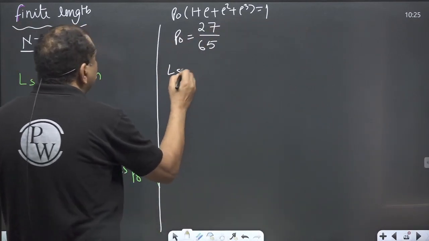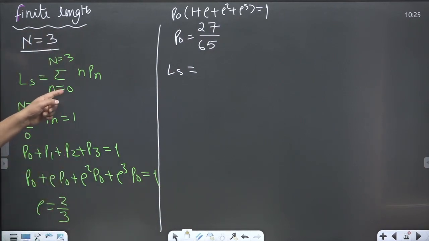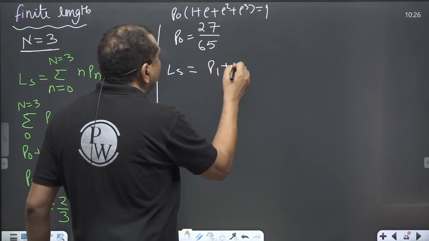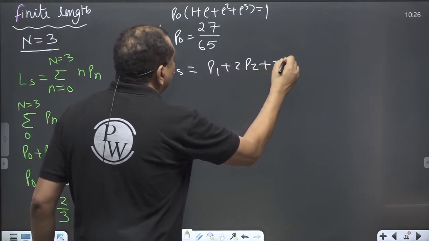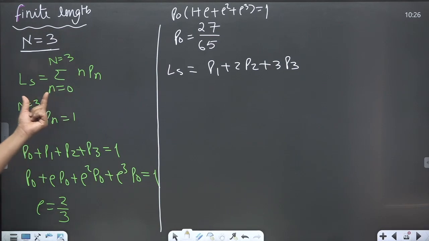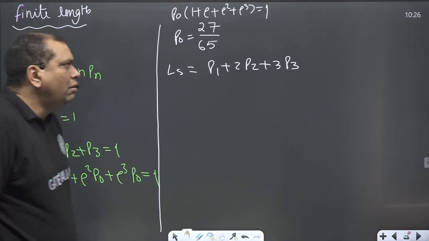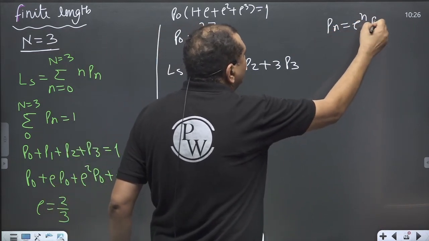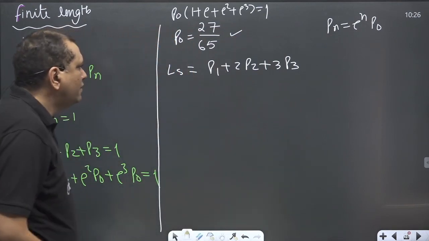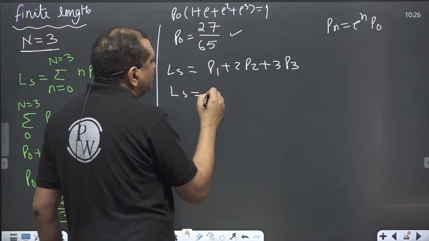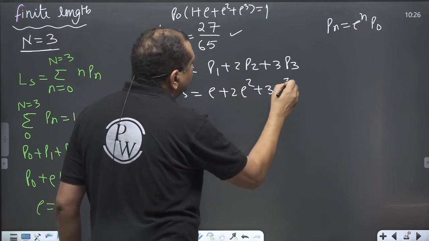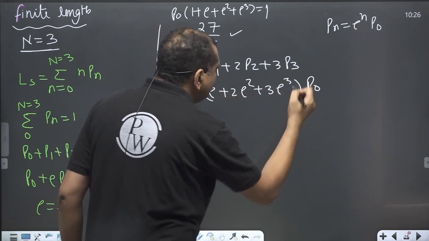Now LS. n equal to 0 gives 0, so it will be P1 plus 2P2 plus 3P3, only 3 terms. You know Pn is nothing but rho raised to power n times P0. P0 we have calculated. So LS is nothing but rho plus 2 rho square plus 3 rho cube, into P0.